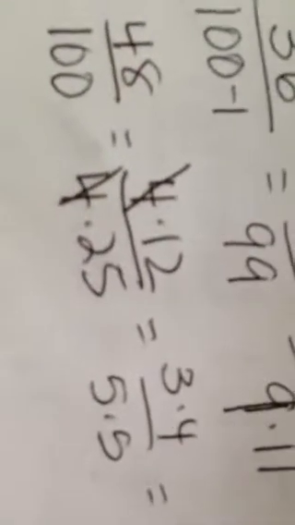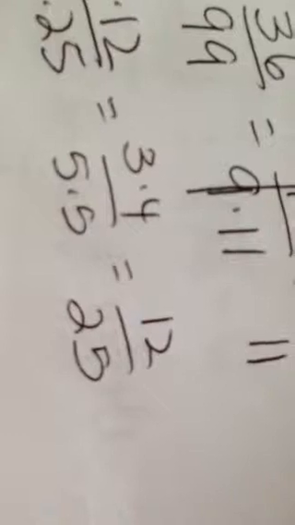If I factor 48, I did 4 times 12. If you did 6 times 8 and kept factoring it, you'd still get the same answer that I got. I did this, and then I canceled out my 4s, I factored my 12, and I factored my 25, and nothing canceled out. So I multiplied them back together, and my answer is 12/25.